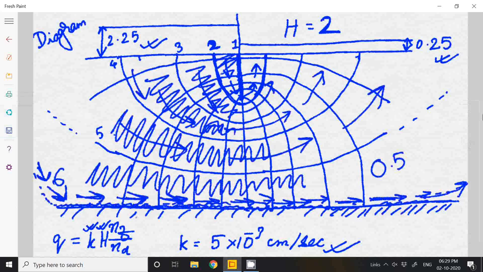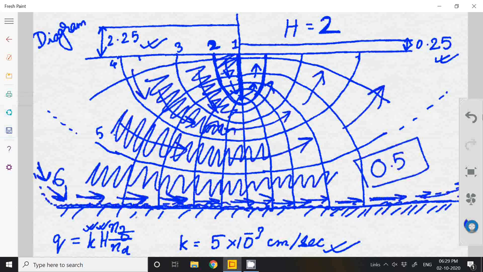Now in this fifth flow channel the efficiency is 0.5. That means only half of the water of this flow channel will ultimately reach the endpoint, and the remaining half will never reach the endpoint.